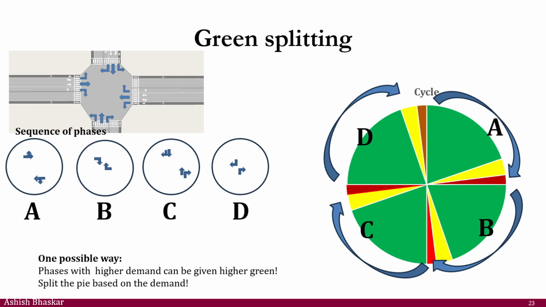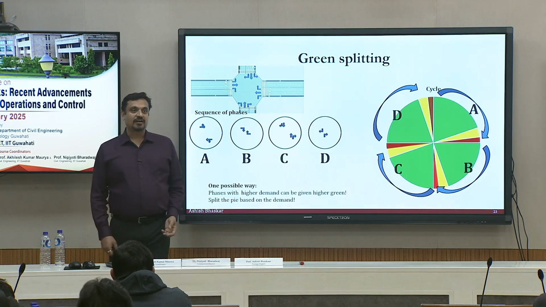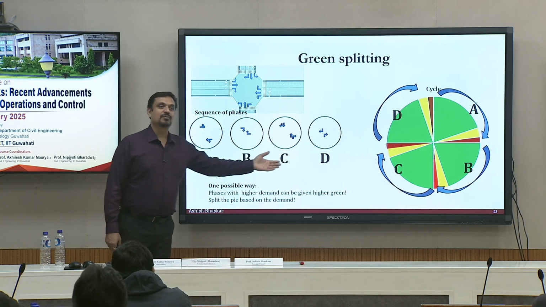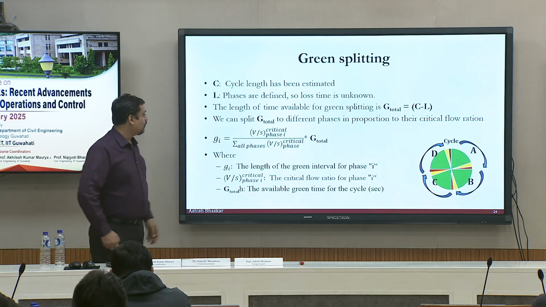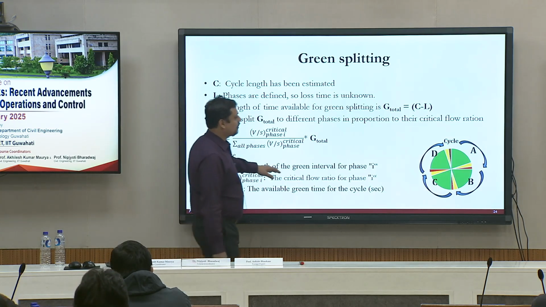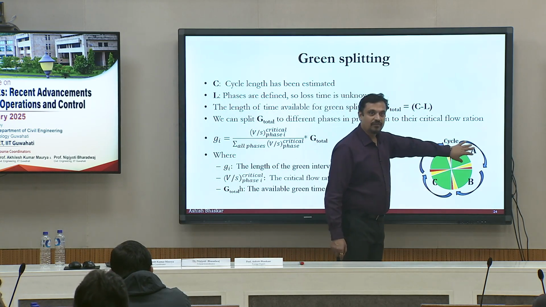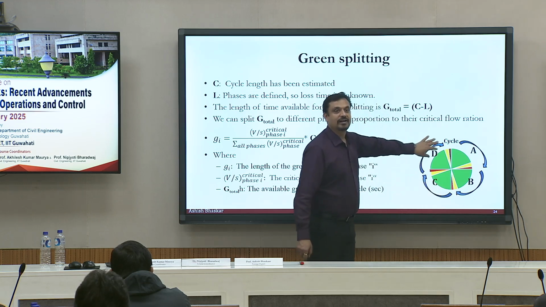Once you know that volume to saturation flow rate ratio for each of the phases, the critical one, you know your cycle length. What you have to do is just distribute that cake in terms of how much volume is there. So you define the green based on the amount of critical flow to saturation I have plus the amount for all the intersection.